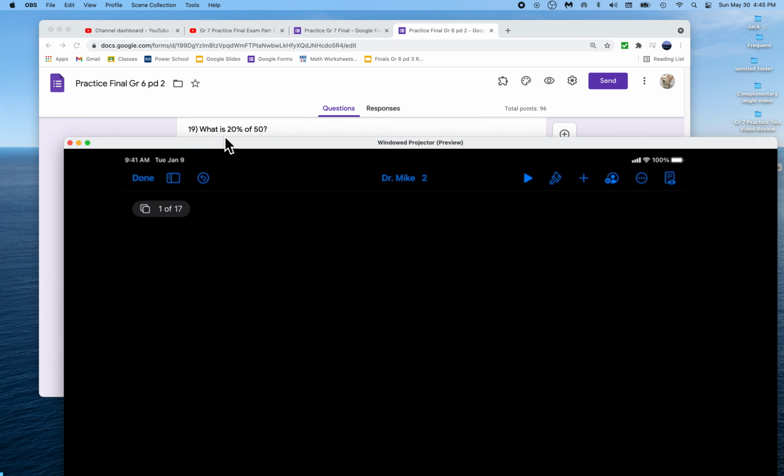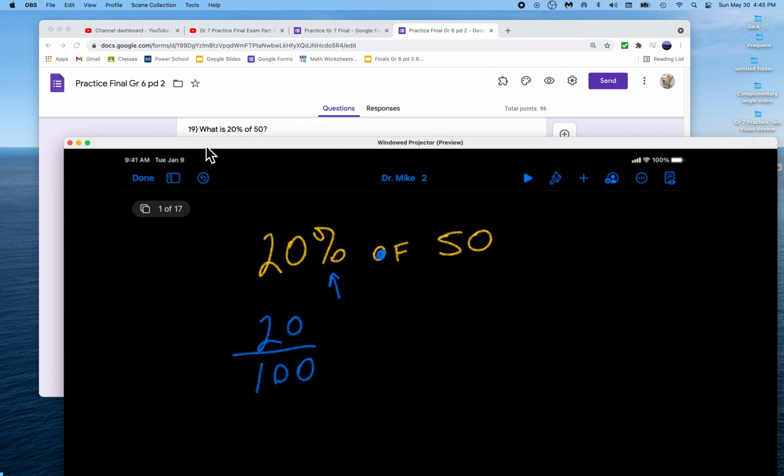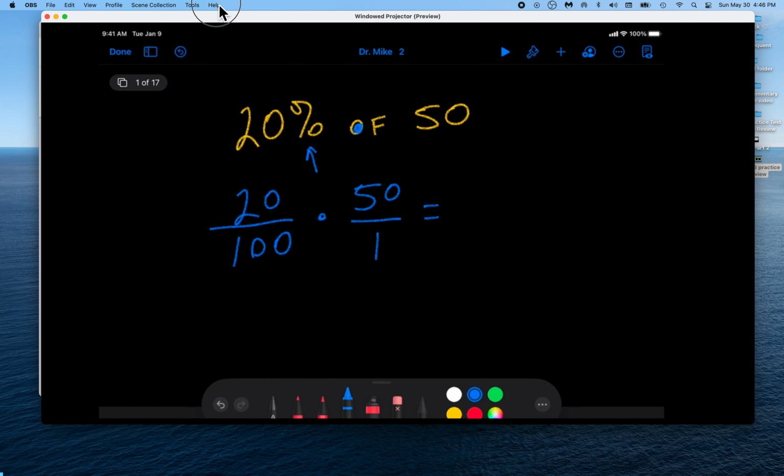Okay, here we go. What is 20% of 50? Let me write that down. 20% of 50. We cannot work with this percent sign. We change it to division by 100. This of becomes multiplication, and then we have 50 over 1. Okay? More breakdown of fractions.